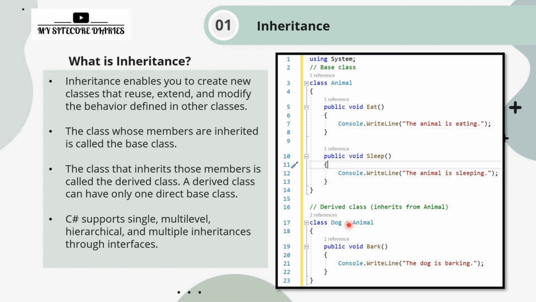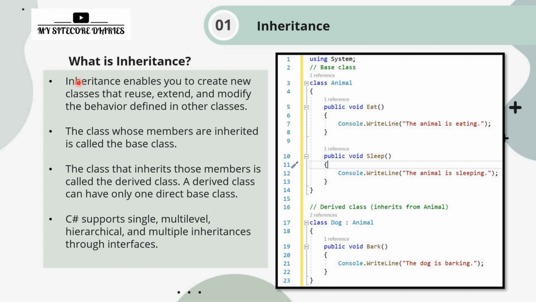You put a colon and then Animal is your class. So Animal is getting inherited into Dog, and Dog has its own method, bark. Now if you create a Dog object, in that object you will be able to access not only the bark method but also eat and sleep.